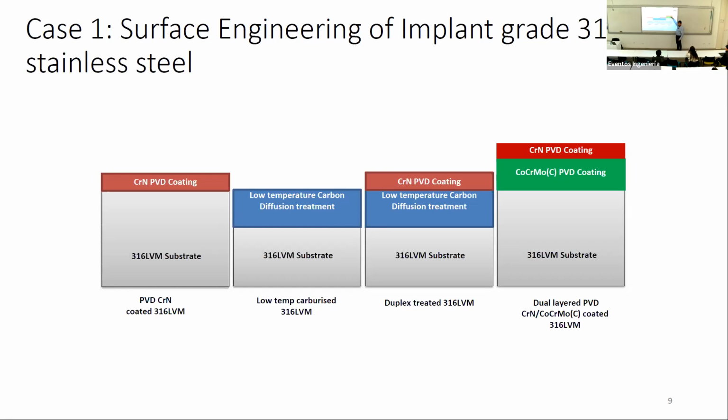And on top of that, we deposited a chrome nitride. So we're going to be mentioning 4 treatments: chrome nitride by itself, low temperature carburizing by itself, a duplex carburizing followed by a PVD chrome nitride coating, and over here we have a dual layer PVD coating, cobalt chrome molybdenum coating, followed by quite a thick layer, in this case around 8 microns, followed by a thinner chrome nitride layer.